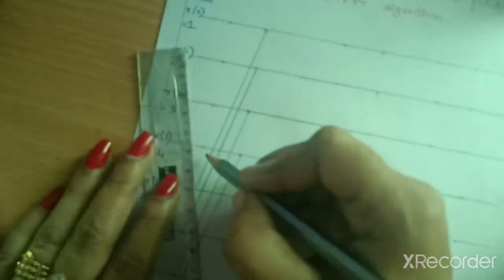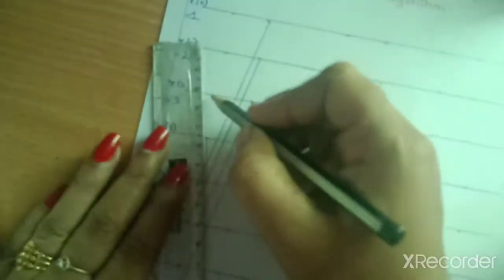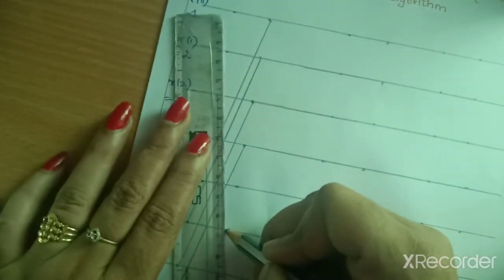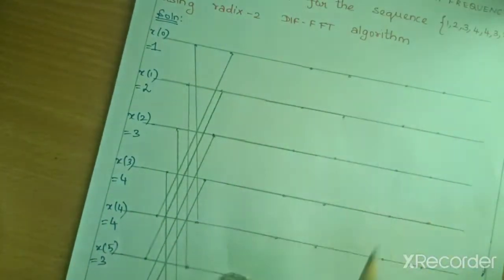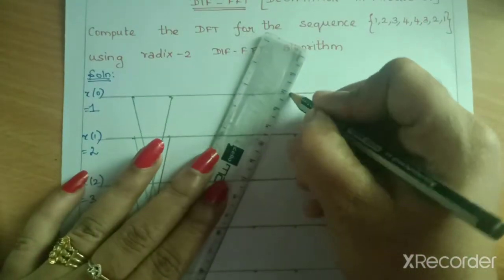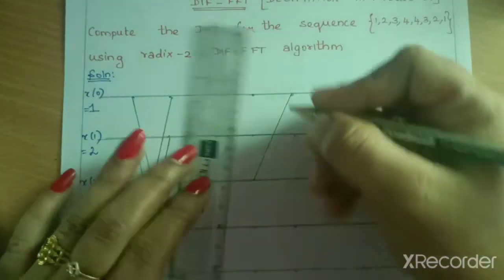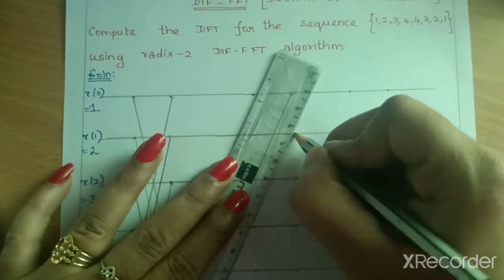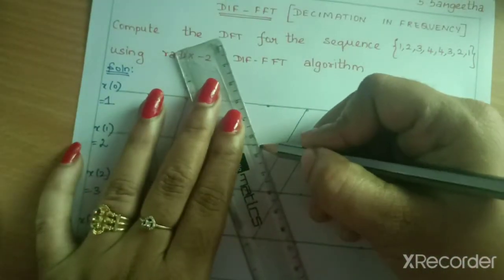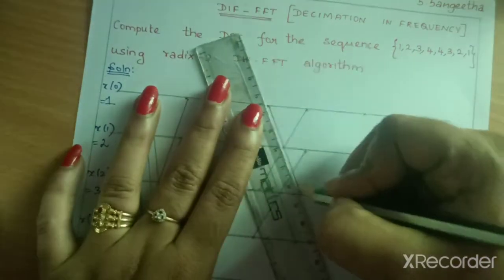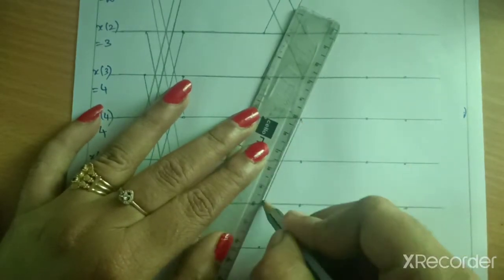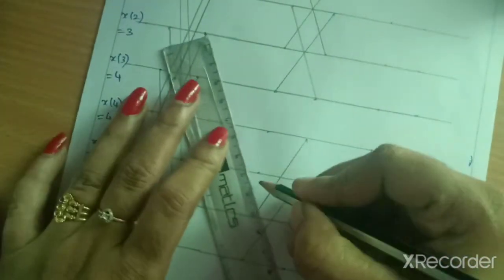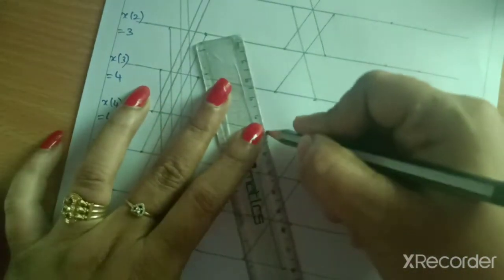Similarly for this side, you have to draw the lines first. Next you have to draw the lines: the first line will be connected to the third line and the second line will be connected to the 4th line, and here also the second line to the 4th line and the first line to the 3rd line. Similarly for the bottom 4 lines.